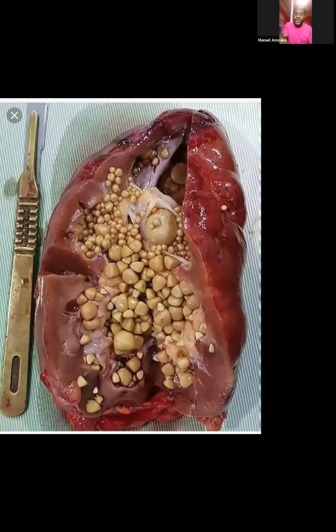The only solution for you is surgical removal of the kidney. And as I've been saying time without number, if one of your kidneys is taken off, even to get a donor, it is easy. So let's adhere to all these things we are talking about so that we can have a healthy kidney.